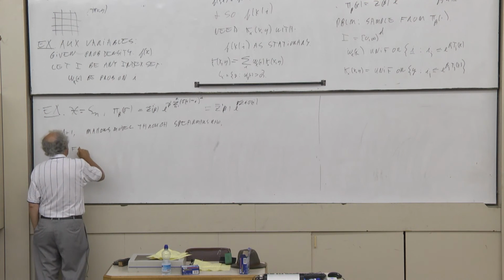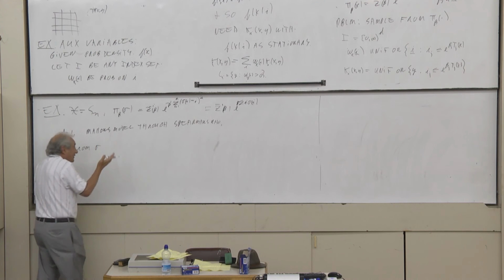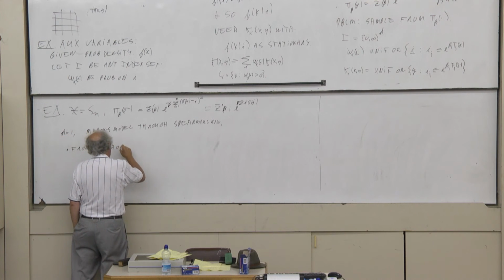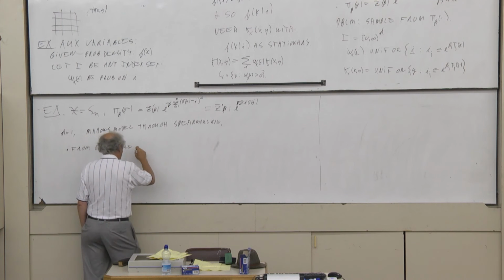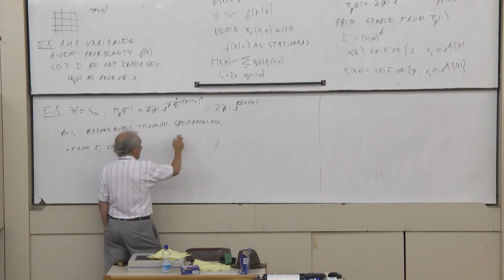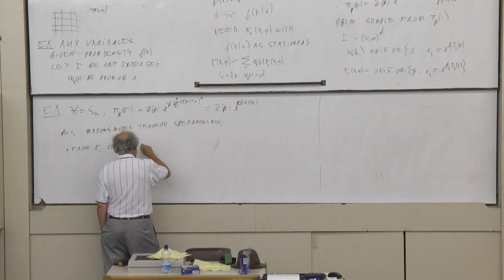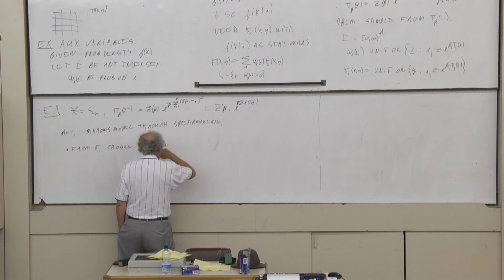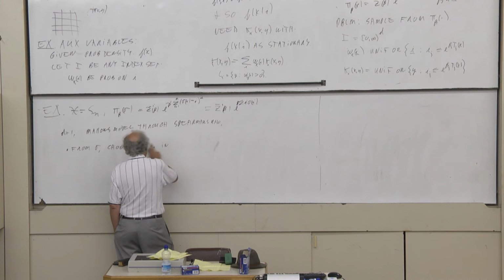So what do I do? I'm at some sigma, and I choose, what do I choose actually? I'm going to choose I_1 up to I_n, maybe I should call them something else.